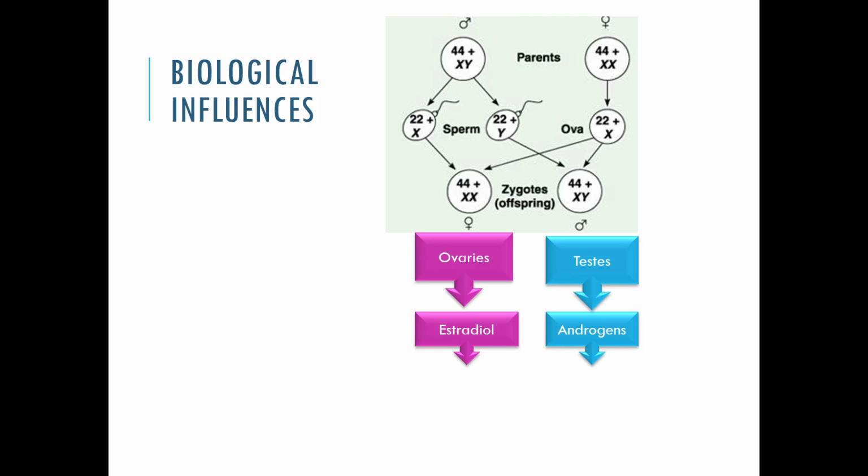So she had ovaries and a uterus and a vagina and all the normal things that would come from having an XX pattern.